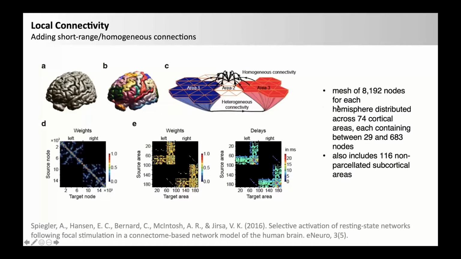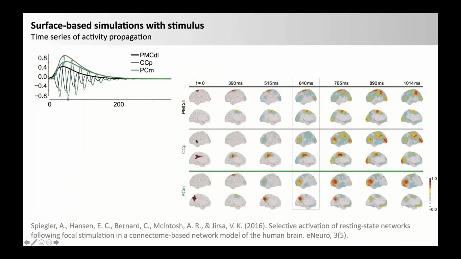So here there were 74 cortical regions and also a lot more, 116 subcortical areas as well. So a lot of subcortex in the study by Spiegler et al. And he added these short range or homogeneous connections and looked at whether this can actually reproduce a stimulus effect in more detail.